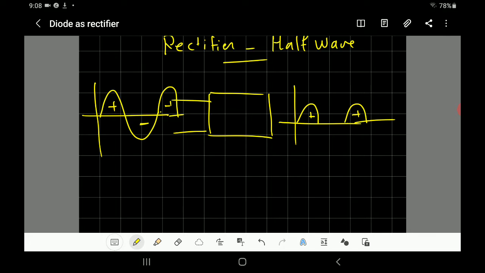And if you want to find the average value, you can find it easily.